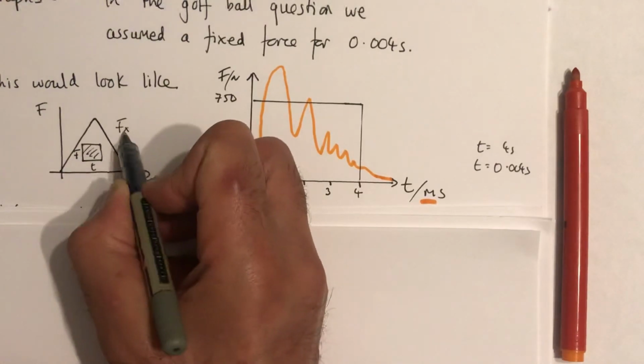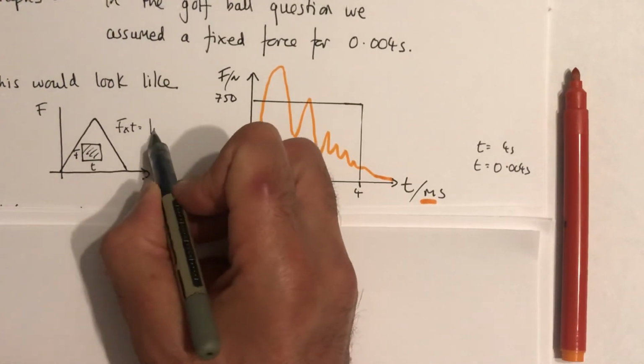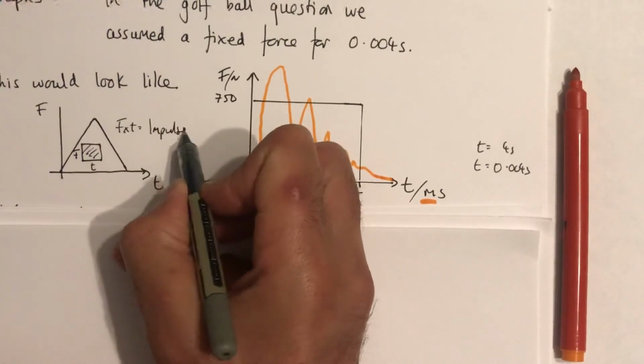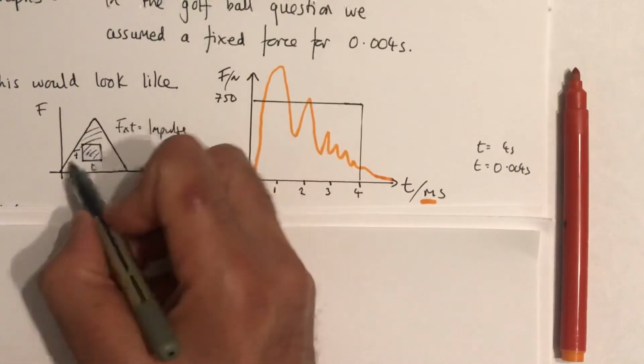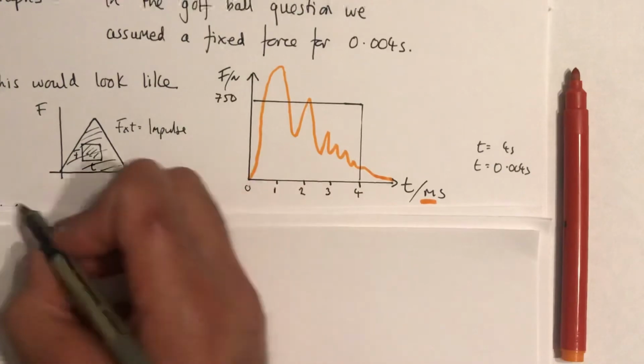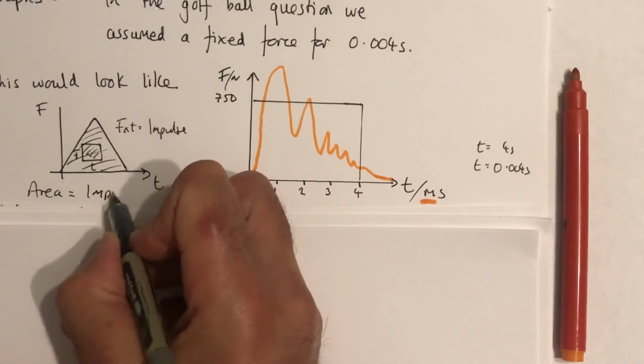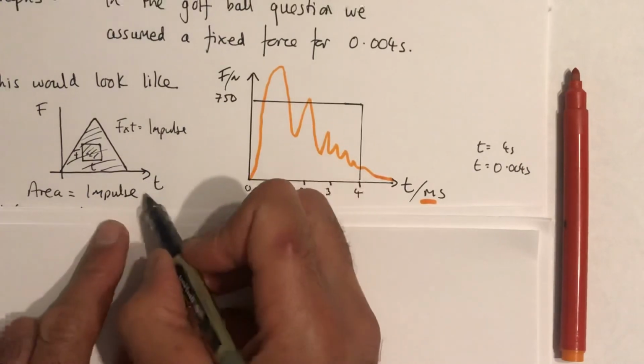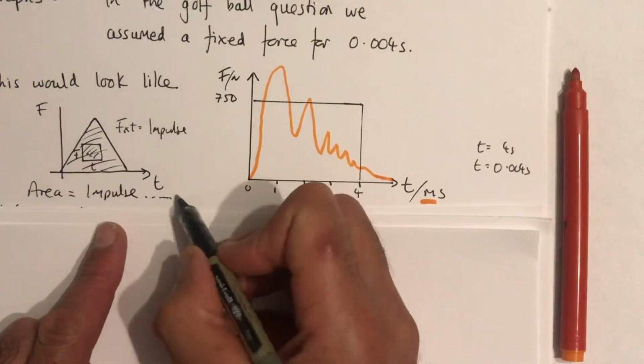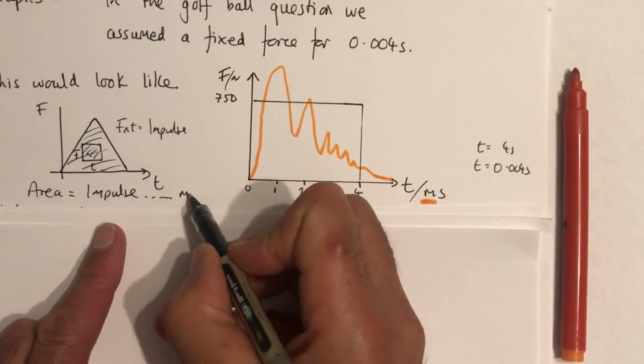Now, what does force times time equal? It equals impulse. So the area under a force-time graph can be used to calculate impulse. And then a question might lead you on into finding a change in momentum.